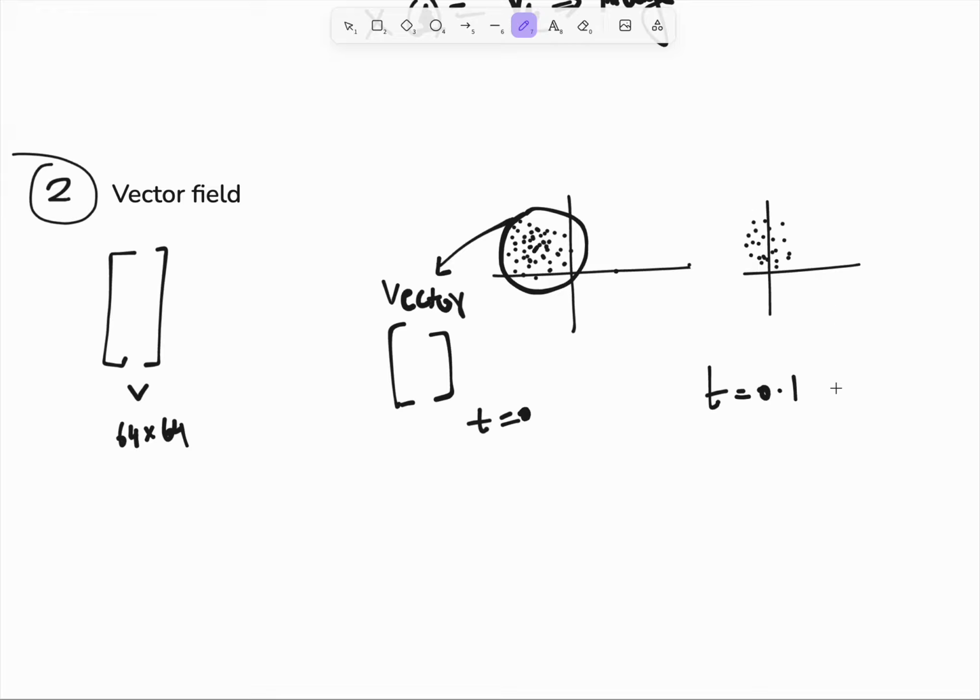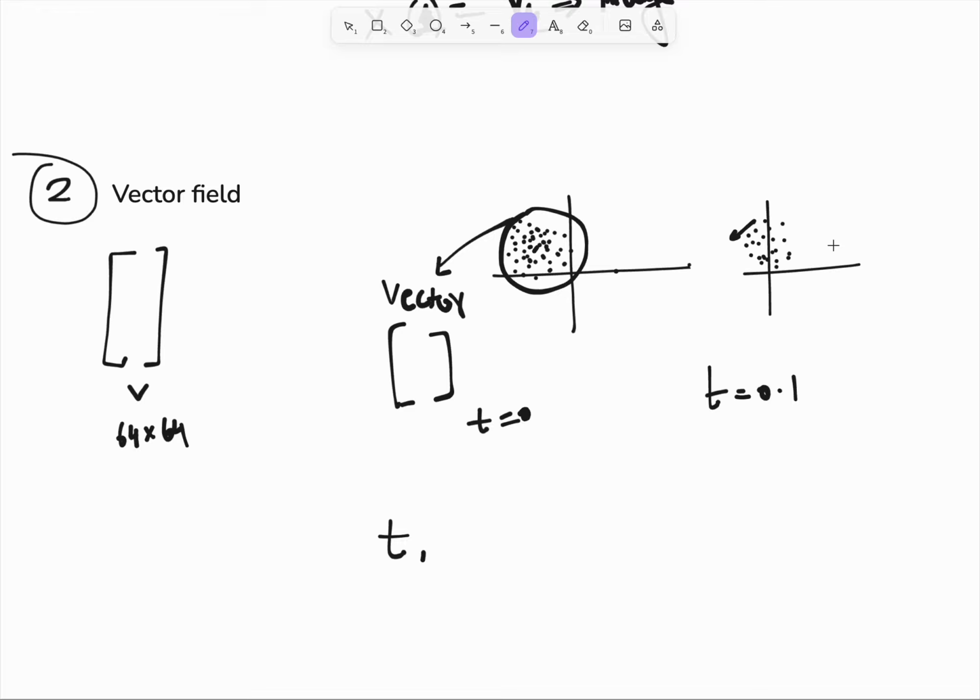When this happens, your vectors change, naturally. So what a vector field is saying is, at any time step t, the vector field will give you the direction in which these points are moving.